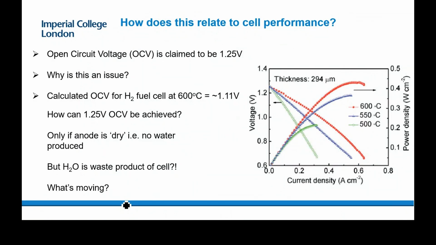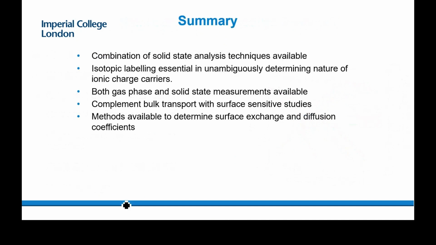How can it be achieved? So the only way that we could get to that number is if you assume in the calculation that your anode compartment has no water present. It's dry. But you're generating water, H2O, as your waste product. So what's moving? Because it certainly doesn't appear to be the oxide ion, right? It doesn't stack up. So the only possibility to think about is that it's actually the sodium or the potassium.